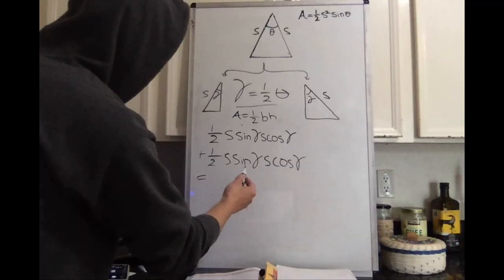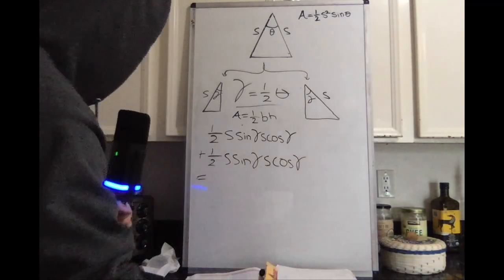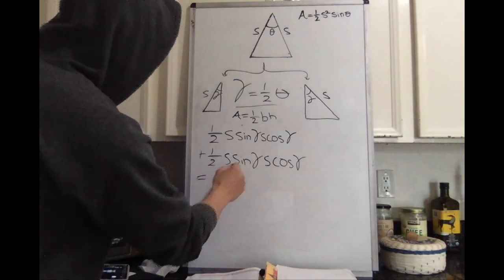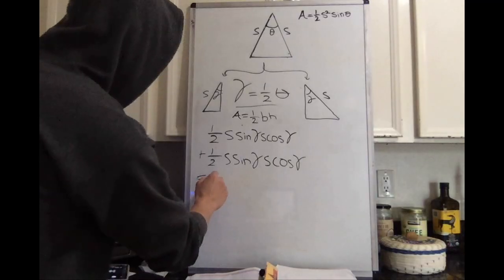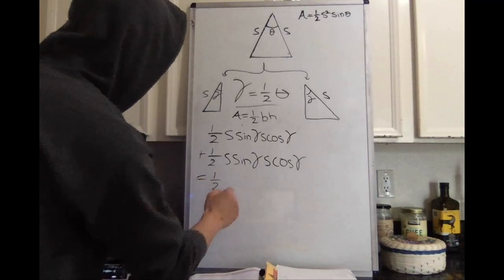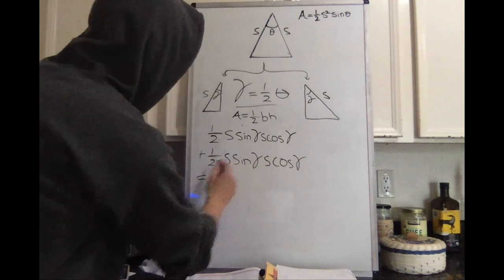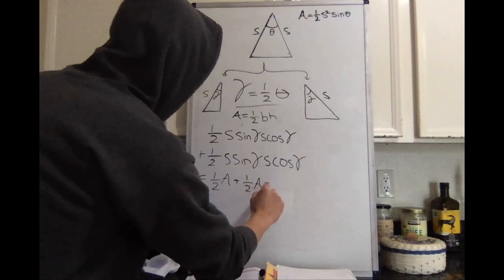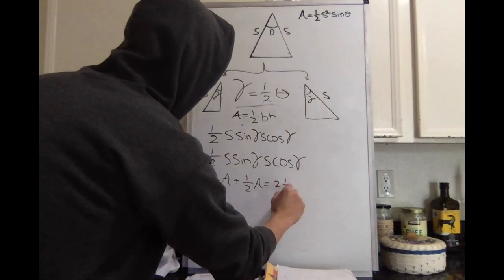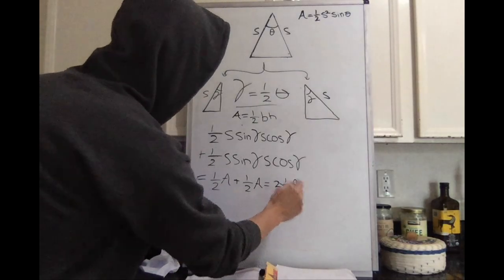This is what I think when I see this, because it looks like a big jumble of a bunch of stuff, but really this is the same product. If I use a dummy variable like a, 1/2 times a plus 1/2 times a is just 2 times 1/2 times a, and then the 2s cancel and you're just left with a.